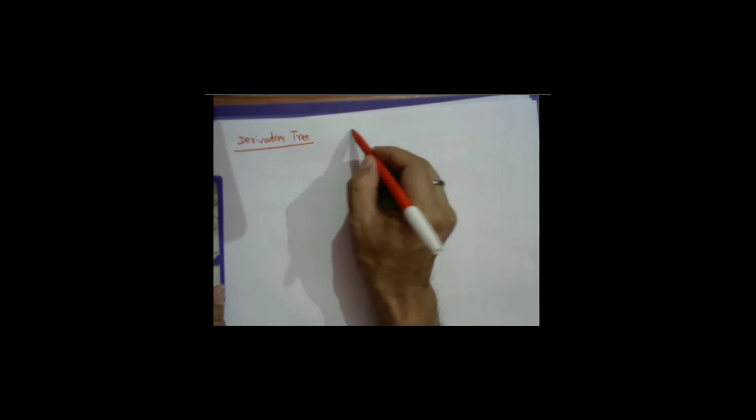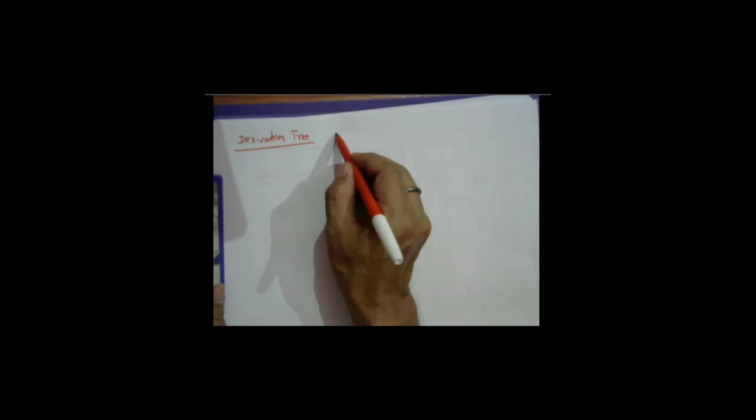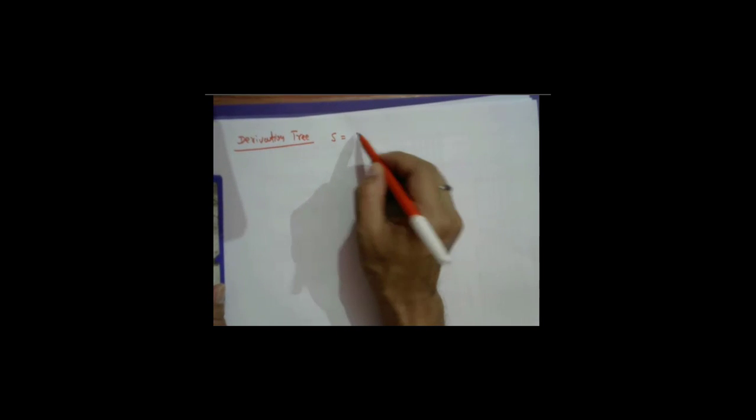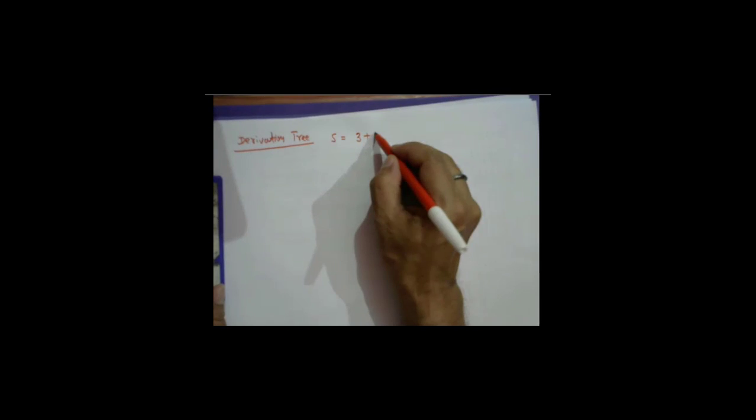Now the construction of the derivation tree for this example. The derivation tree will start with the grammar. Then you write the string S is equal to 3 plus 2 into 4. This is the string, and there is a grammar.